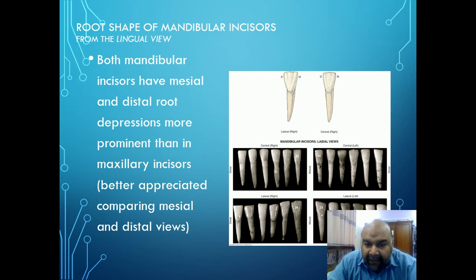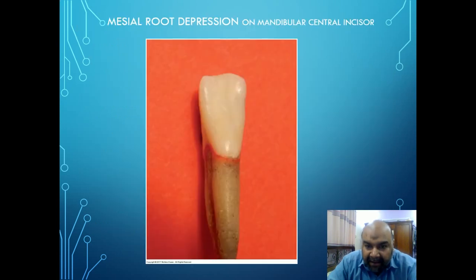Another important thing is that if you view the roots from the proximal aspect, be it the mesial aspect or the distal aspect, you'll be able to see a longitudinal depression on these teeth. These longitudinal depressions are found on the mesial surface as well as the distal aspect. This is the area where you can actually see a depression.